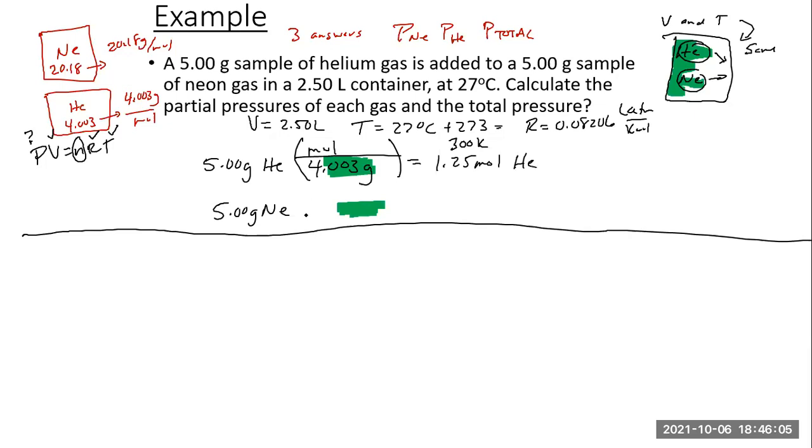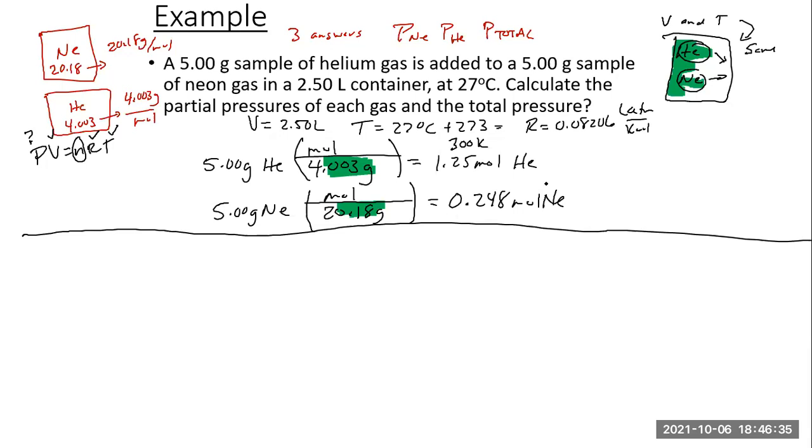We do the exact same conversion for neon, using the molar mass from the periodic table, which is 20.18 grams per mole. 5 divided by 20.18 gets us 0.248 moles of neon. Any questions on that calculation there?